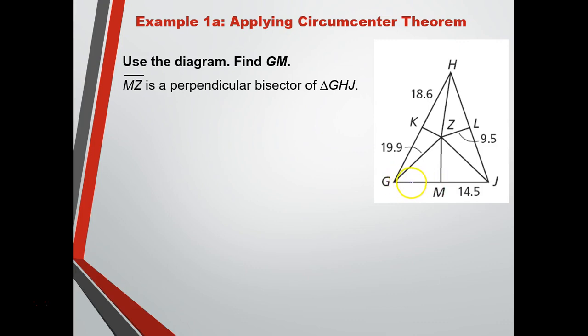And if we know that MZ is the perpendicular bisector, that means that GM and MJ are congruent to each other. So the answer to this, GM, is equal to 14.5. And I'm getting that number from this right here. Since these two segments are congruent, then GM is also equal to 14.5.